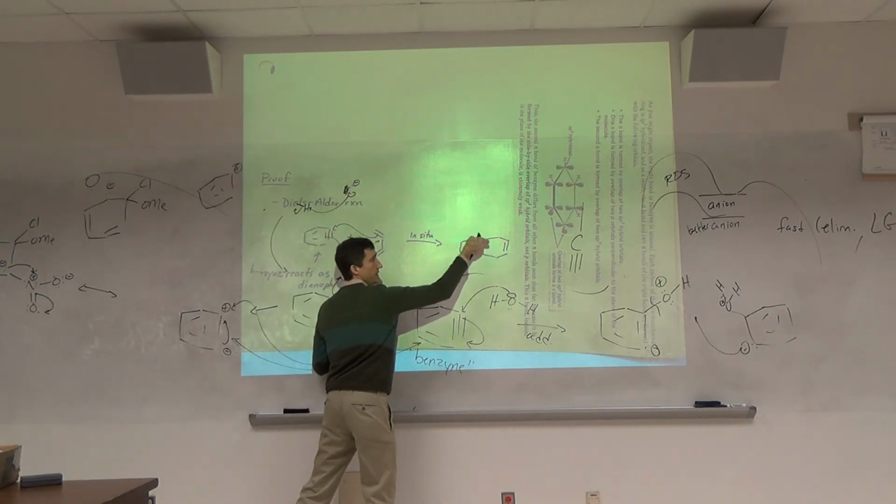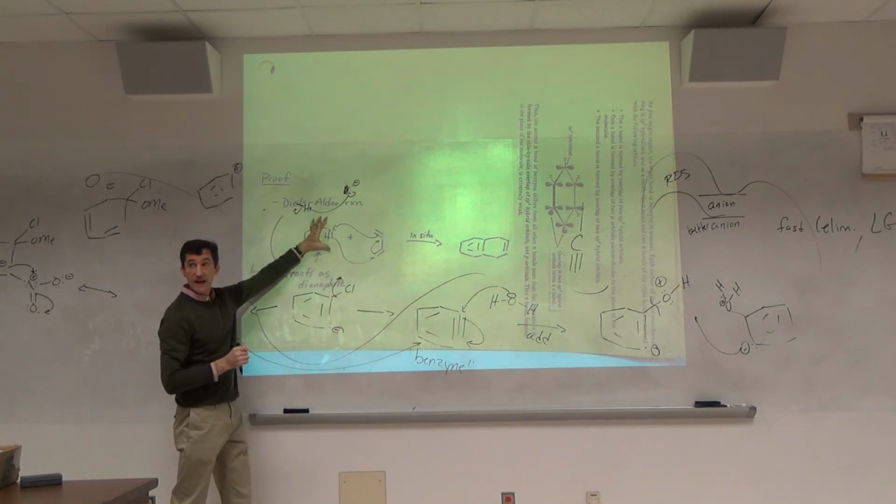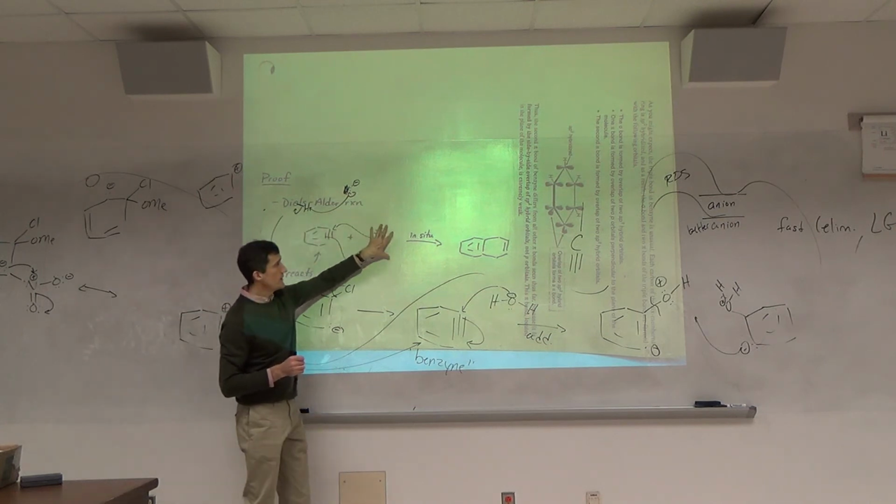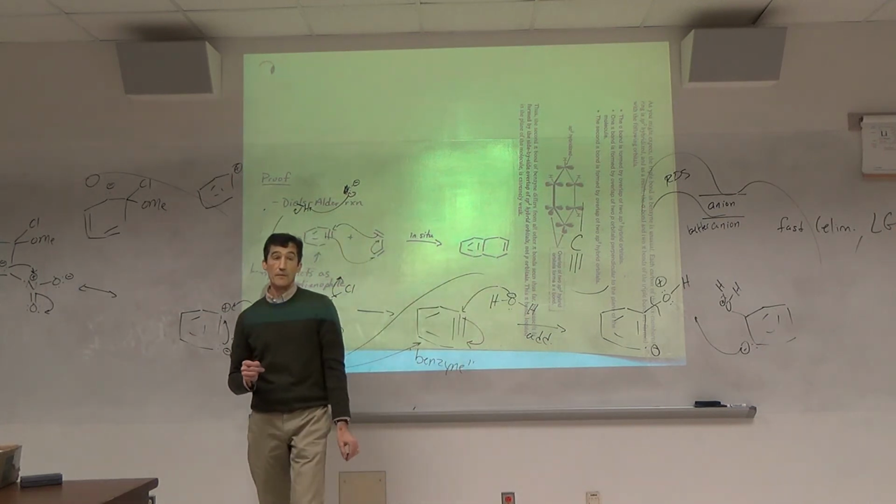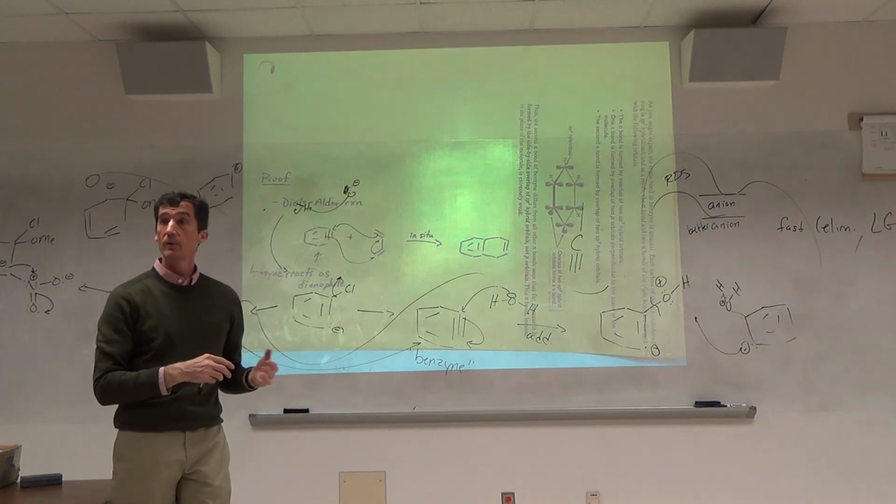Leaving a double bond here. So it's like it did have a pi bond. This is known. If you make the benzyne, throw in this, you can get that. That sort of supports that there must have been a triple bond there.